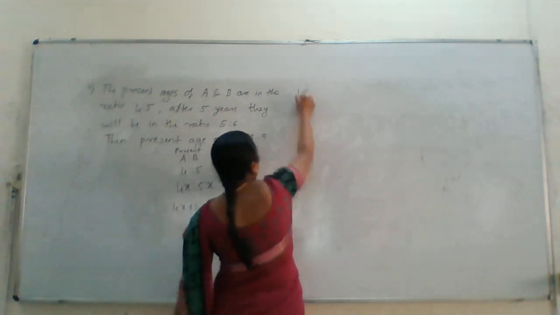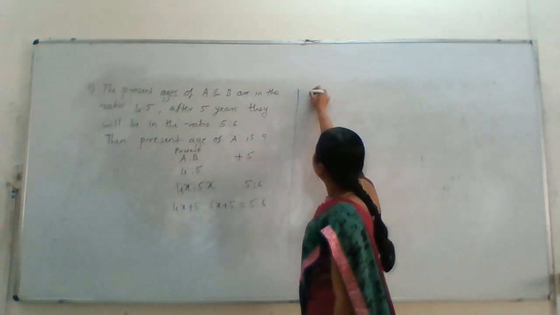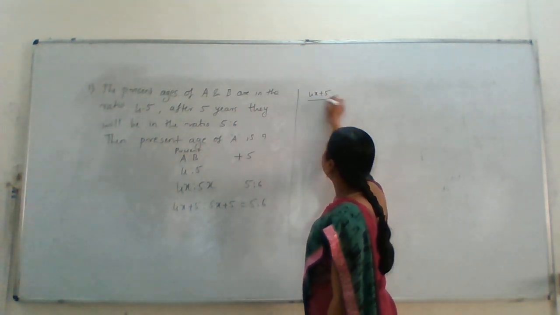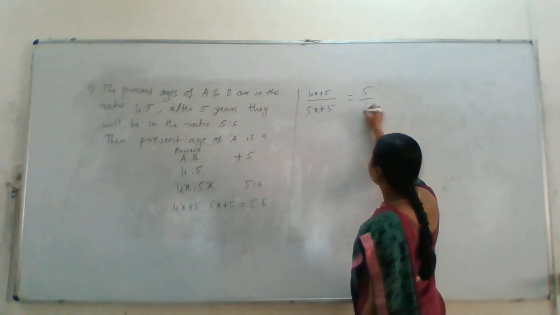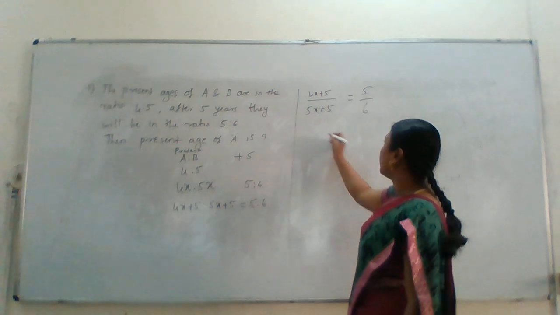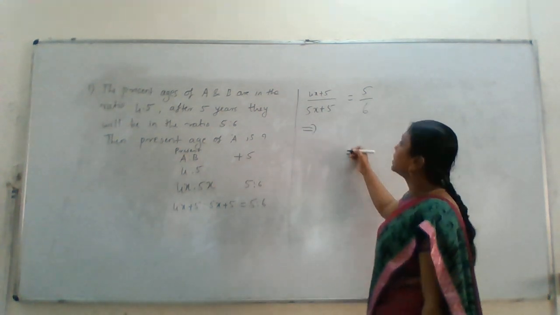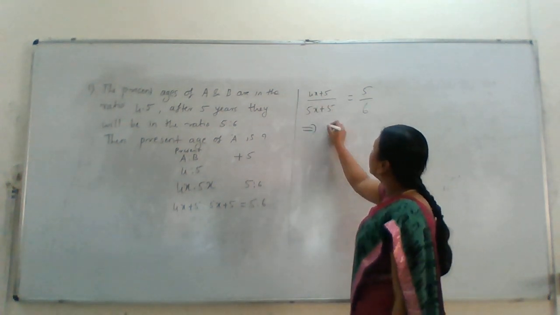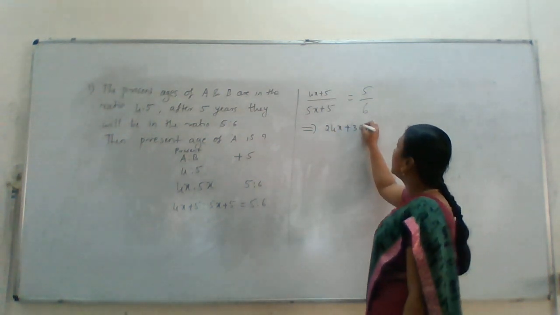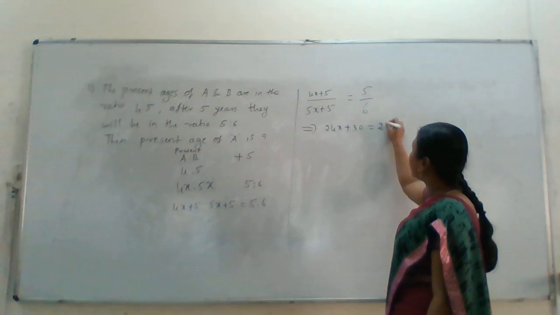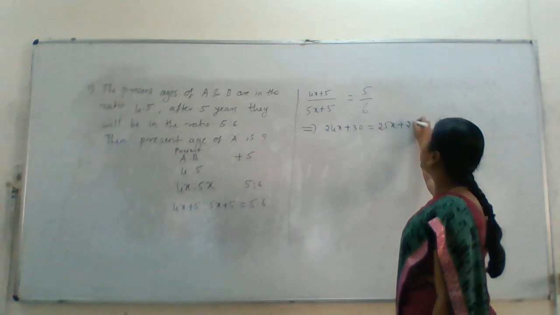Now calculate the x value. (4x plus 5) divided by (5x plus 5) is equal to 5 divided by 6. By cross multiplication, 4x into 6 is 24x, plus 5 into 6 is 30, equal to 5 into 5 is 25x, plus 25.